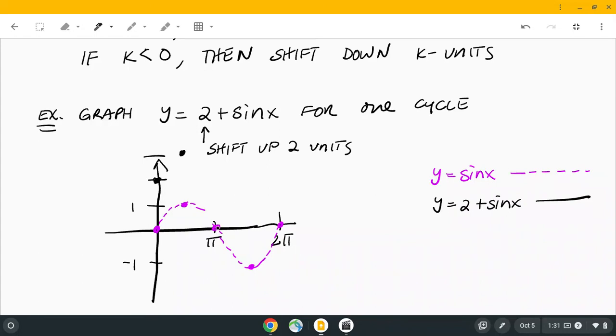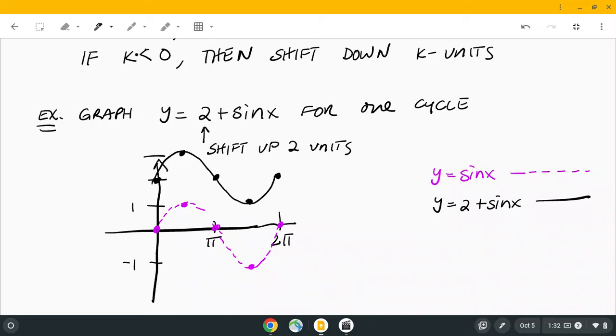And here's a point over here. 1, 2. And here's a point. Shift it up 2 units. 1, 2. And here's a point over here. 1, 2. And we see here we have the sine graph, and the whole graph got shifted up 2 units. So that's how the shifting works.